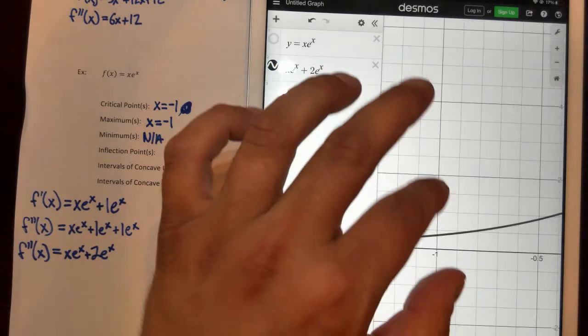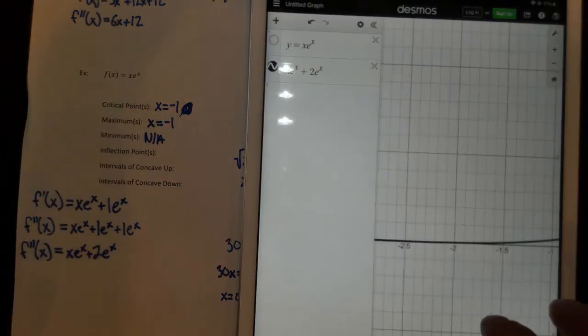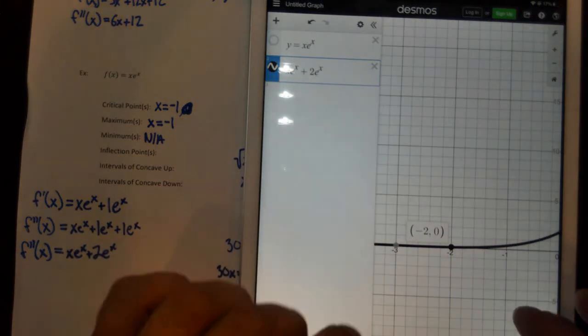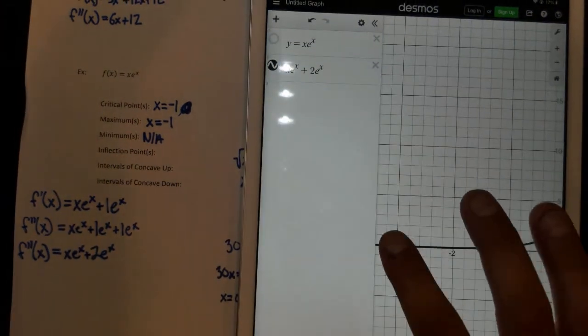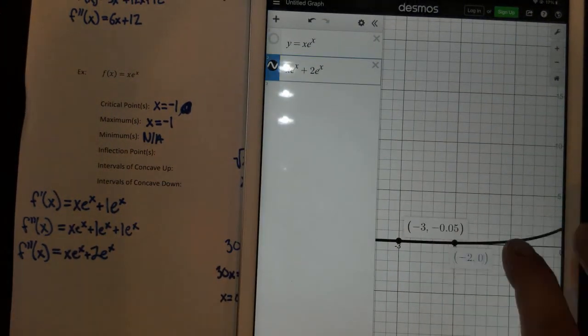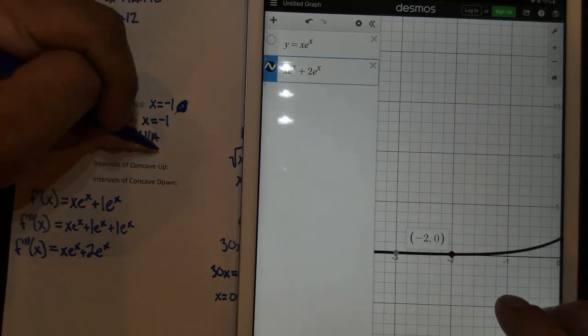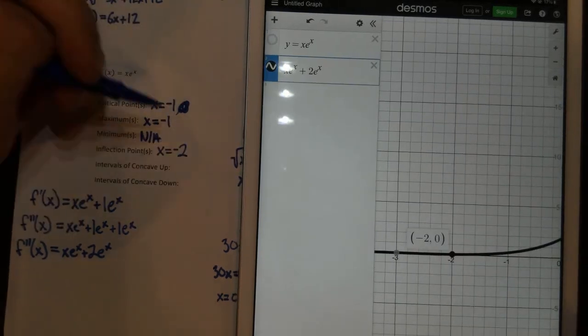All right, so this is the second derivative here, and we can see that we have a 0 at -2. So we just have a 0 at -2, so we have an inflection point at x equals -2.